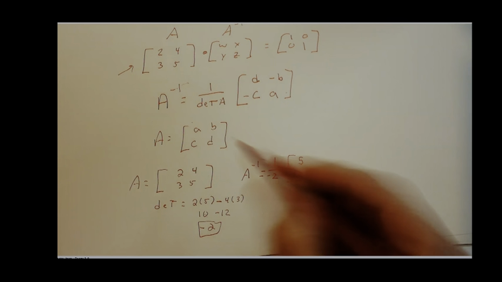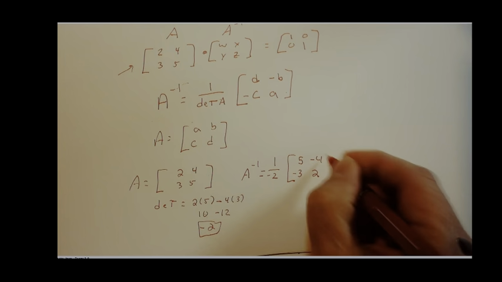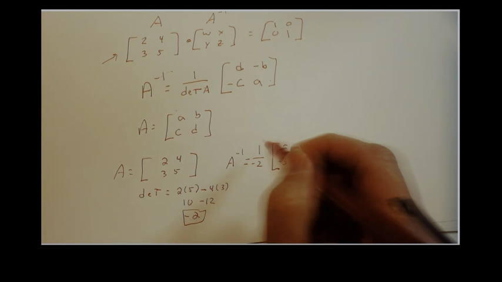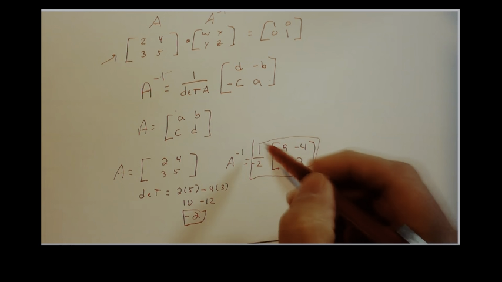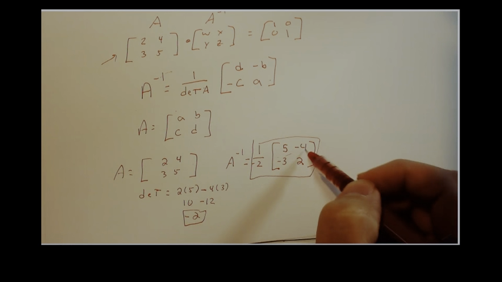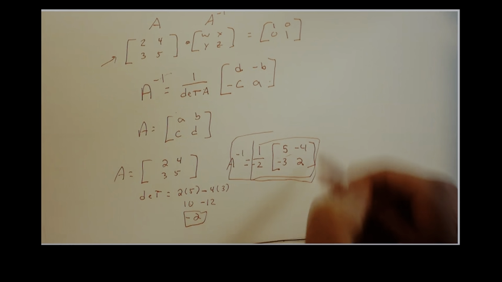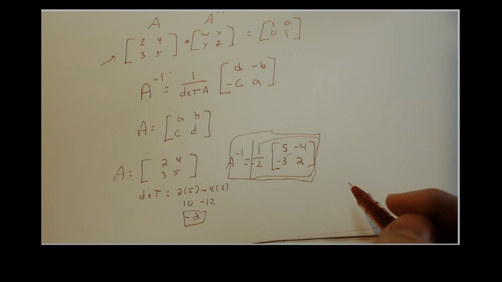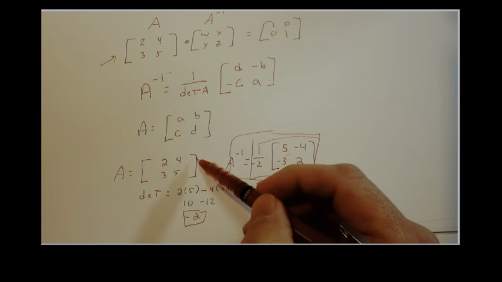It was 4, so this is going to be negative 4, and this is going to be negative 3. All right, so at this point in the video last year, I told them that they did not have to do the scalar multiplication for this part. However, you guys will be expected to do the scalar multiplication for this. I think I repeat it later in the lesson again that they don't have to, but again, you do have to do the scalar multiplication.